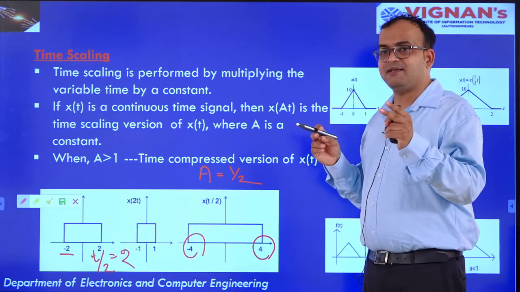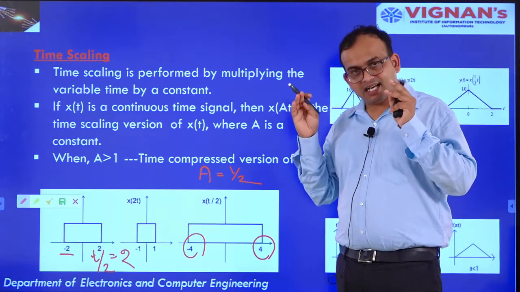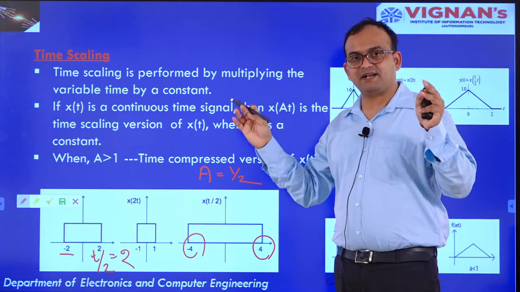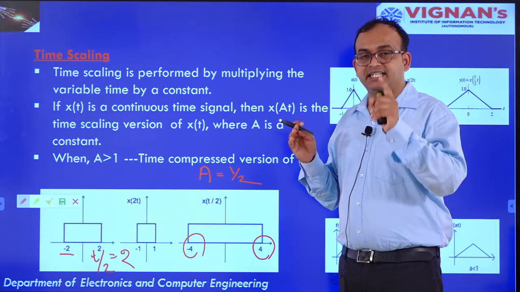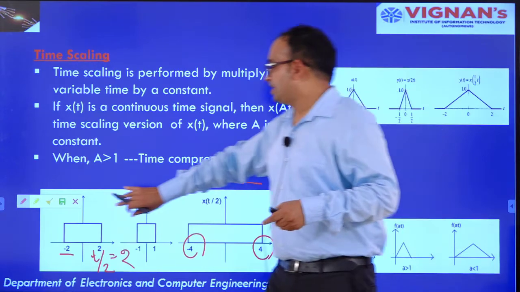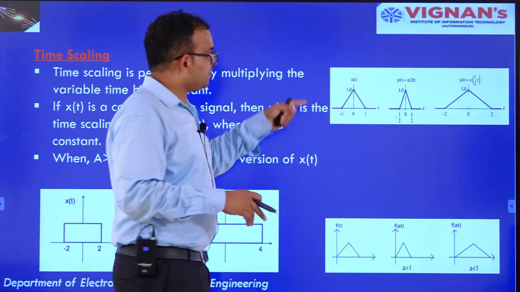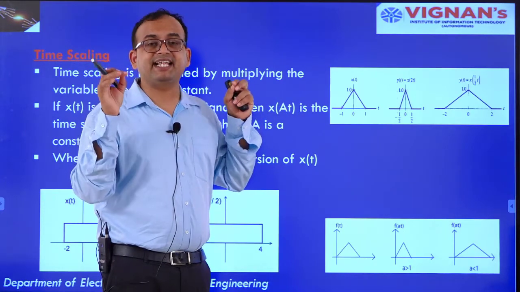So there are two types of behavior of the signals: the signal may expand or the signal may be compressed in the time domain, depending upon the value of a, right. Now we can also take different examples. In this case, I have done the same thing using a triangular signal.